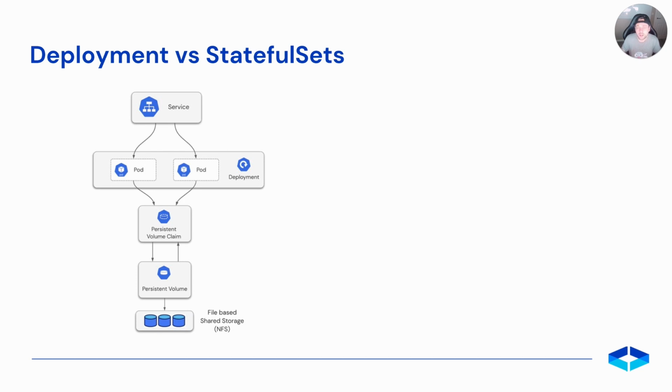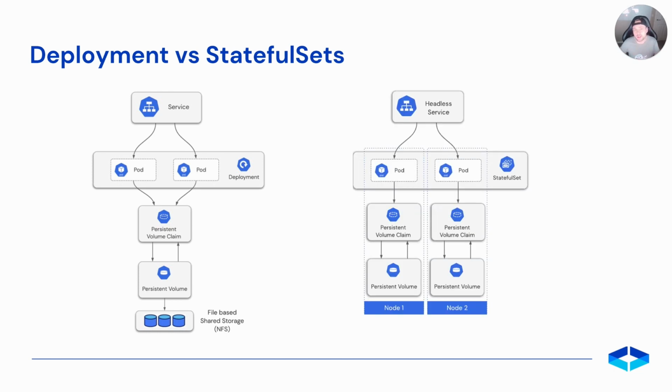So applications like databases are not suitable for Deployments, or any kind of application that has a concept of primary and secondary replica. On the other side, we have StatefulSets, or PetSets, the way they were initially called.